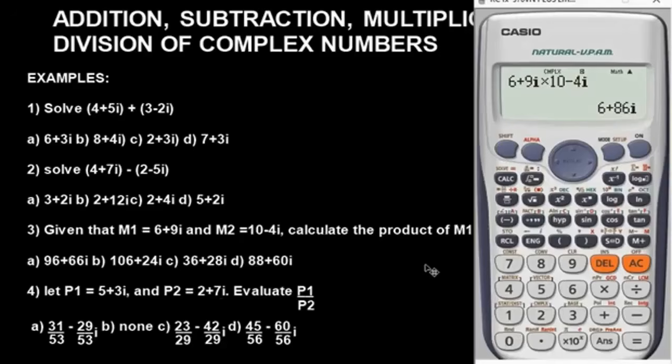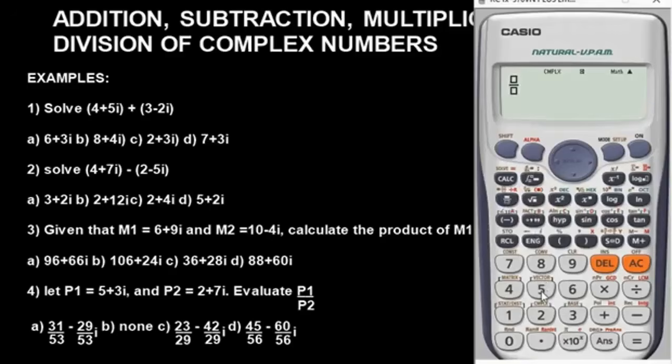Let's now do the division aspect of it. It says let P1 equals 5 plus 3i and P2 equals 2 plus 7i. Evaluate P1 over P2. In this case, you make use of this fraction button.